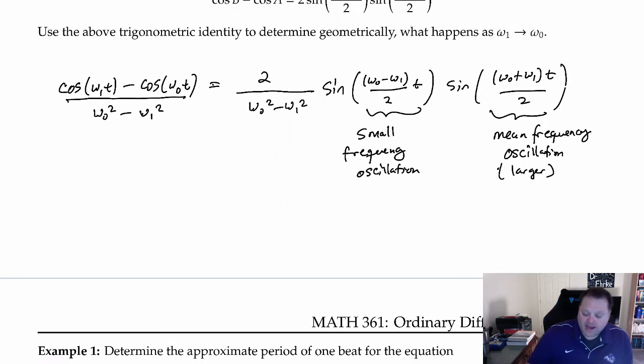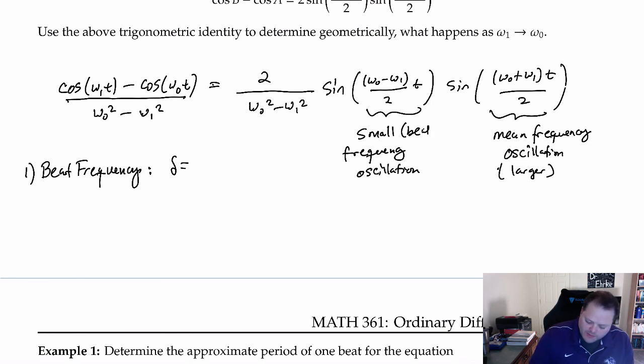So I want to name these frequencies because they turn out to be of critical importance for us. The beat frequency, which we define with the letter delta, is equal to the small frequency.